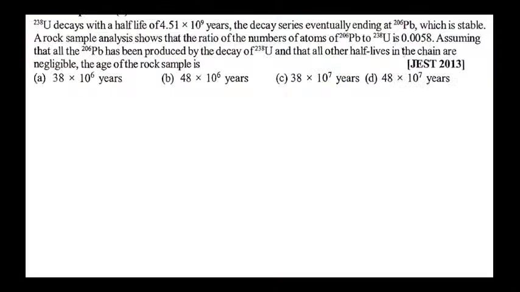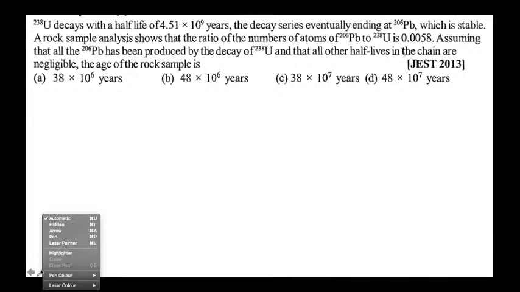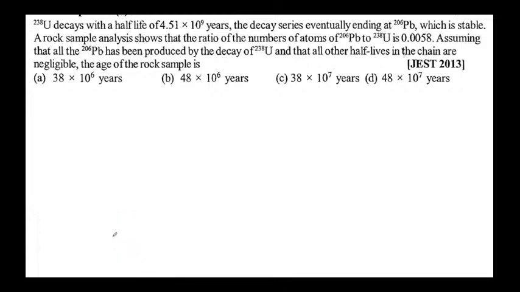So the first problem is: uranium 238 decays with a half-life of 4.5 into 10 raised to power 9 years, the decay series eventually ending at lead 206. Uranium is being decayed and ends up as lead, which is a stable substance. A rock sample analysis shows that the ratio of number of atoms of lead to uranium is 0.0058.